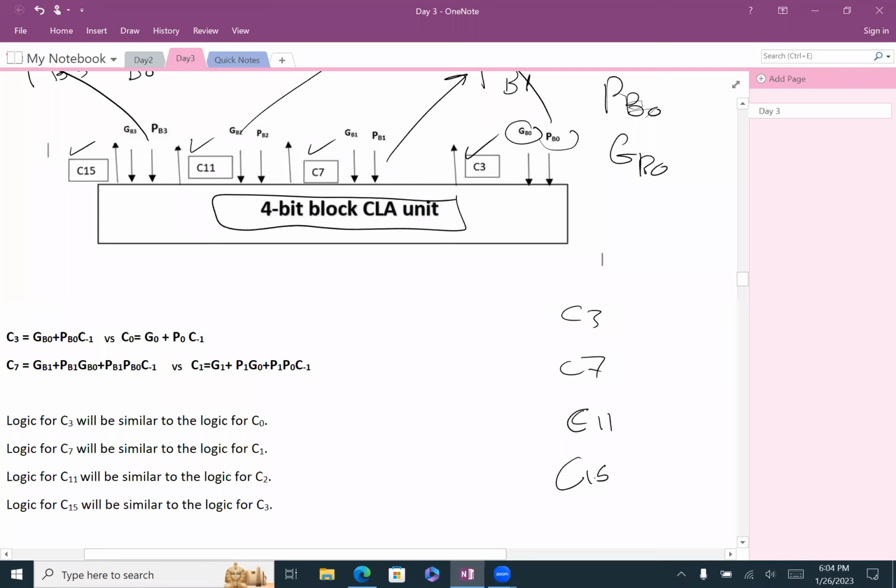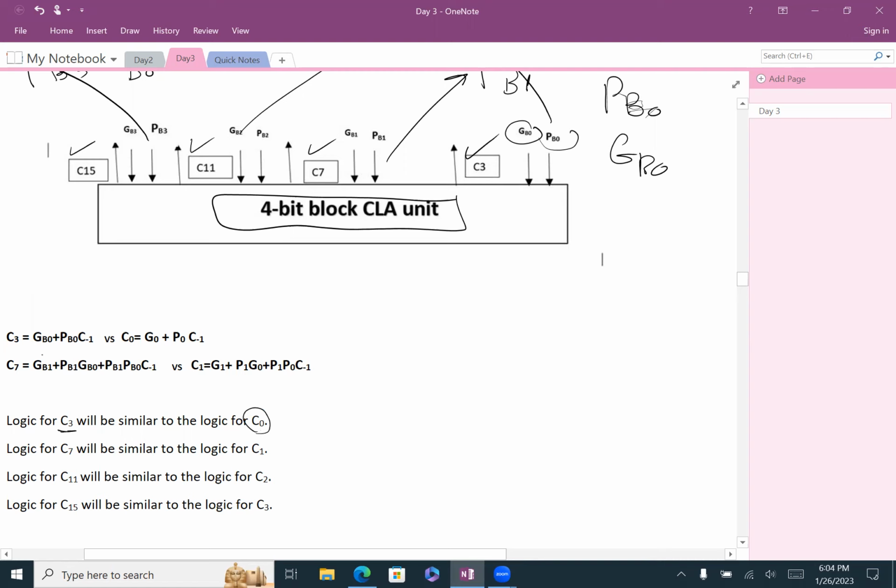Now let's compare the equation for C3, the one we did before, with the new design. Let's look here. The logic for C3, the carry 3, will be similar to the logic for carry 0 from the 1-bit design.